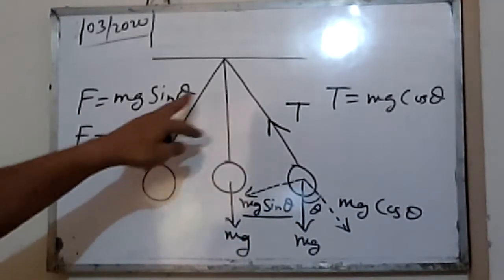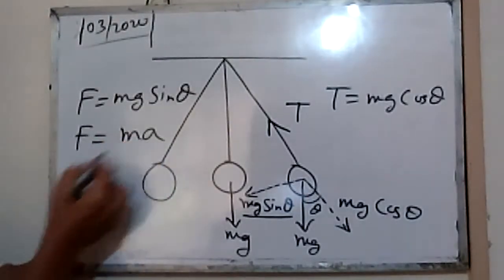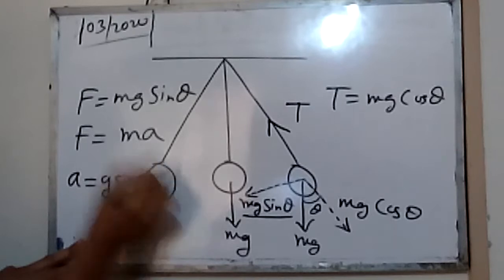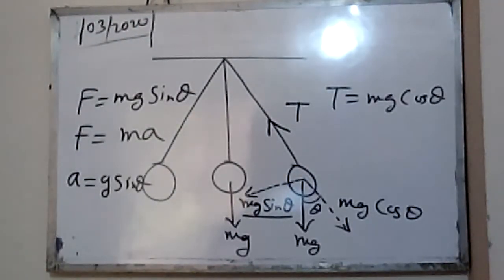Therefore, a equal to g sin theta. A is the acceleration of the bob, a equal to g sin theta.